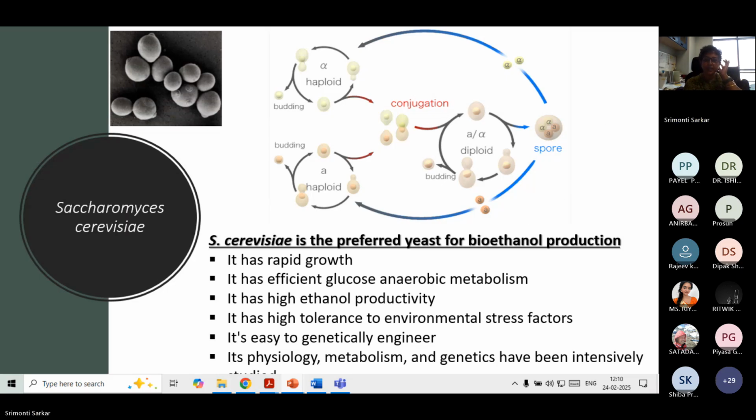So coming back to how glucose is converted to ethanol by yeast, if you keep them under anaerobic conditions, with less oxygen, glucose gets converted to ethanol. Now, why is it that we cannot survive for a prolonged period of time under limiting oxygen conditions, but yeast can?